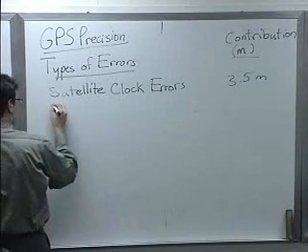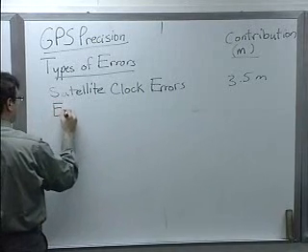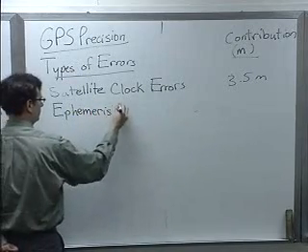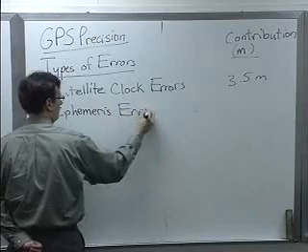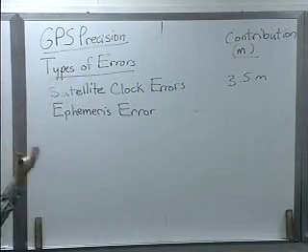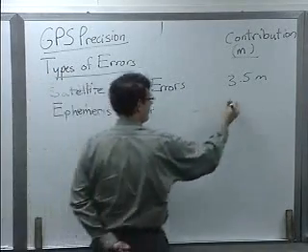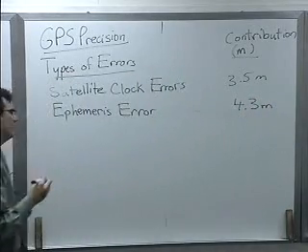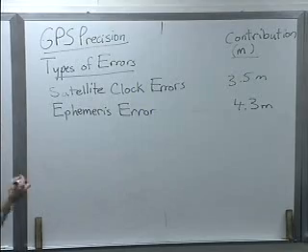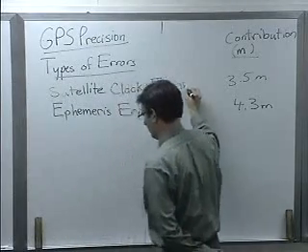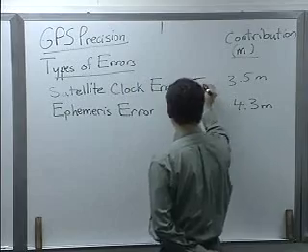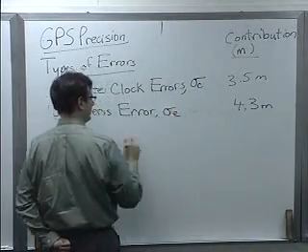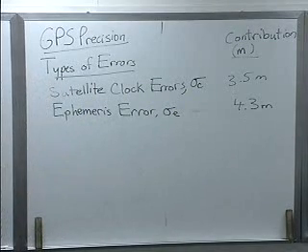This ephemeris error that we were talking about, the fact that the satellites are going to be just a little bit off, that'll contribute about 4.3 meters. In fact, I'm going to assign a variable to each of these because I'll put up an equation in a second that uses them. This will be sigma sub c for clock errors. We'll call this sigma sub e for ephemeris errors.